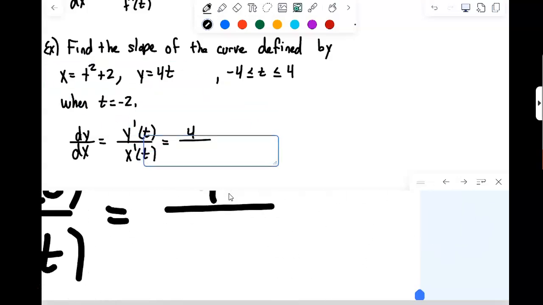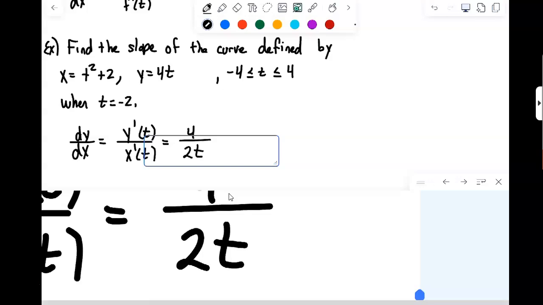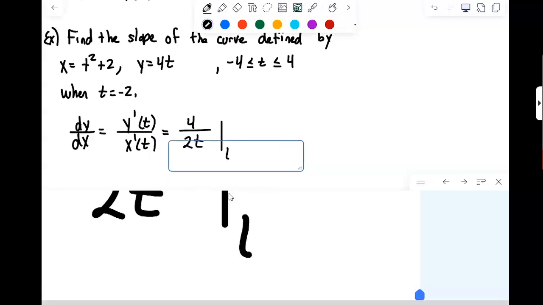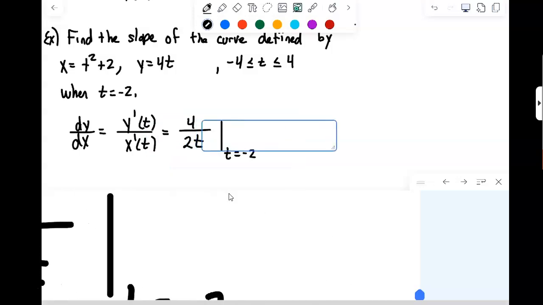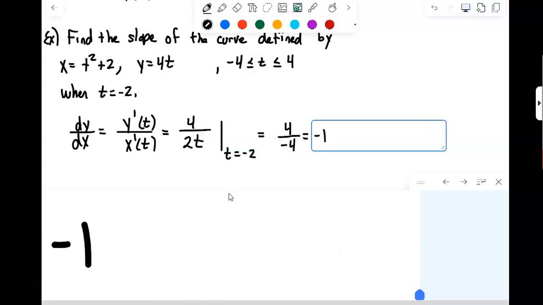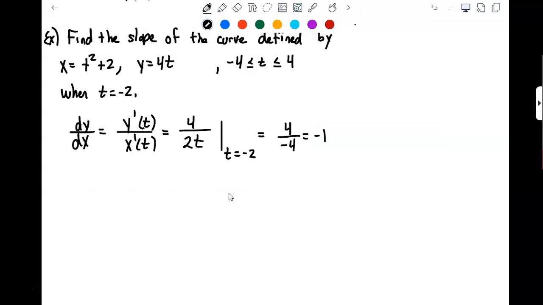X prime would be 2t. And then we want to evaluate that when t is equal to negative 2. So we plug in negative 2, and here we would get 4 over negative 4. We'd actually get a slope of negative 1.